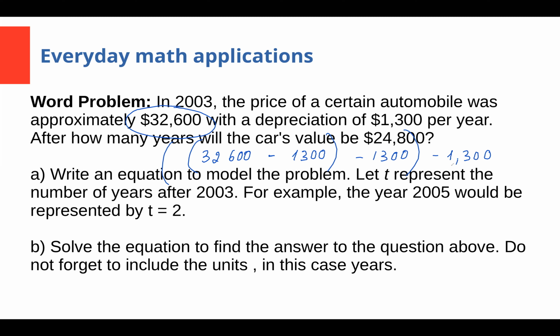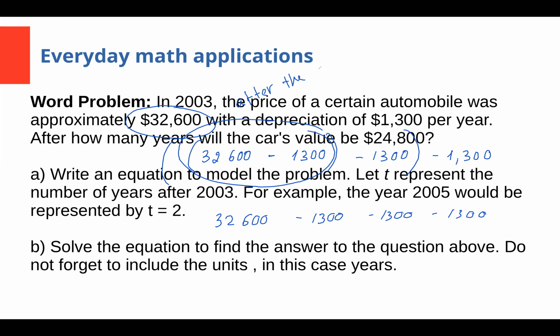And you know what happens when I open up all these parentheses? It will look like I have 32,600 minus 1,300 minus 1,300 minus 1,300 and so forth. But let's think of what I just did. The first subtraction was after the first year.